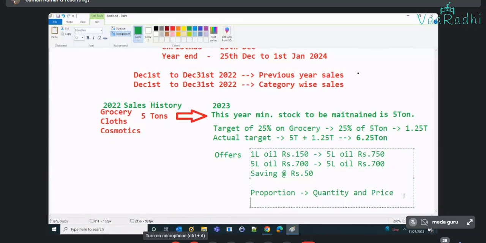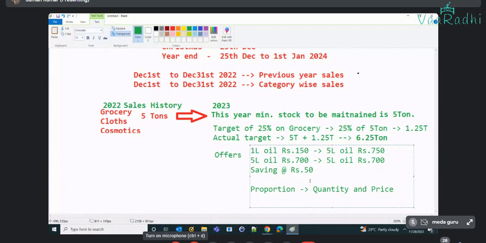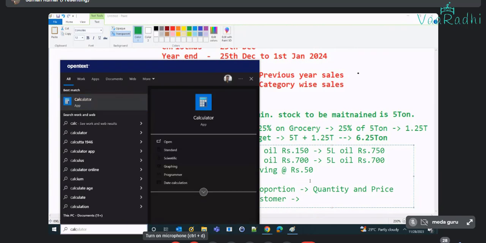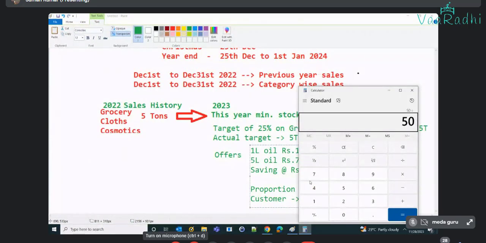Now here we see which side is winning the race. When it comes to the customer, what will be the proportion of their saving, guys? 50 rupees out of 750. How much? 6%.